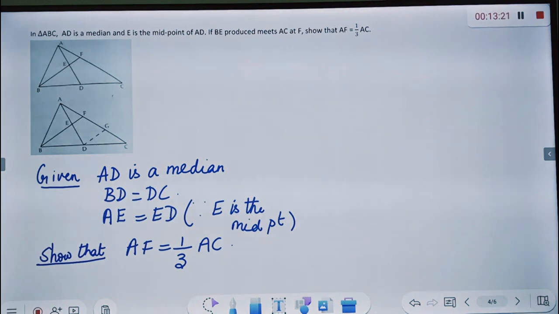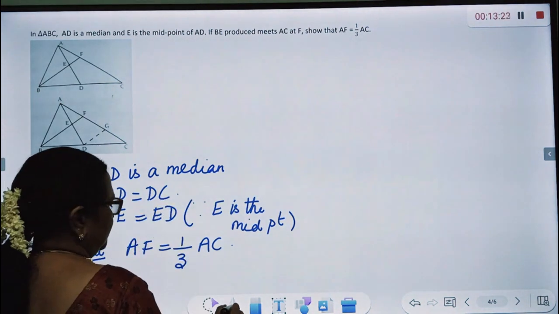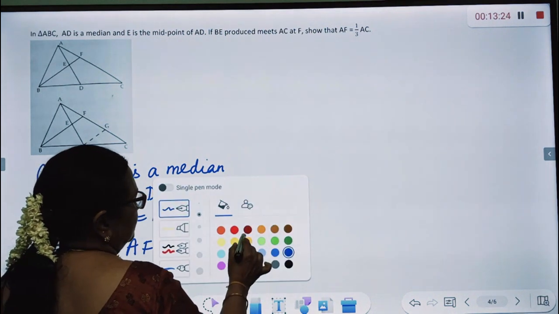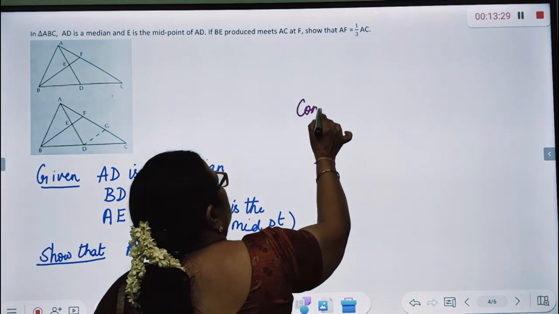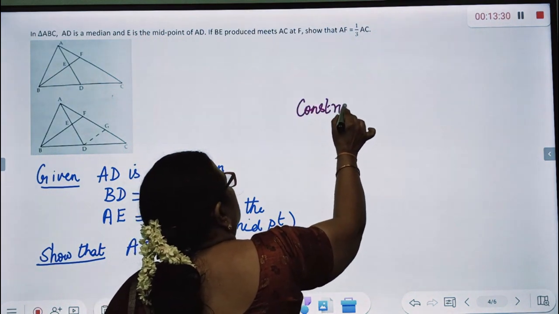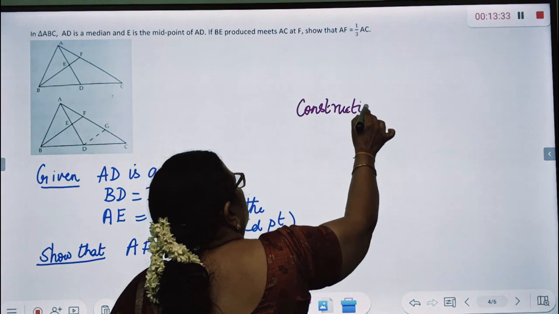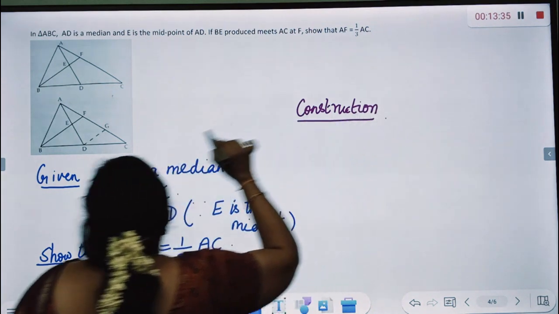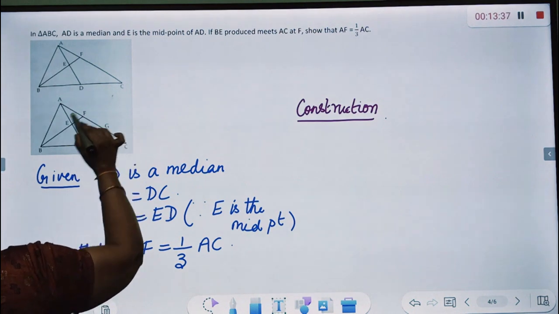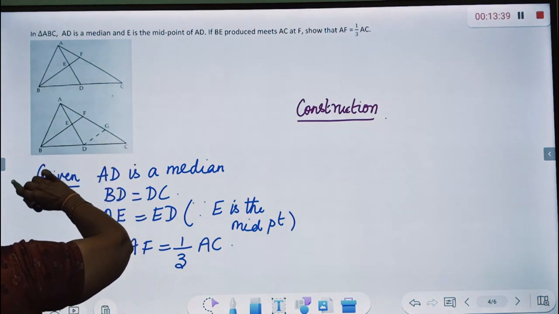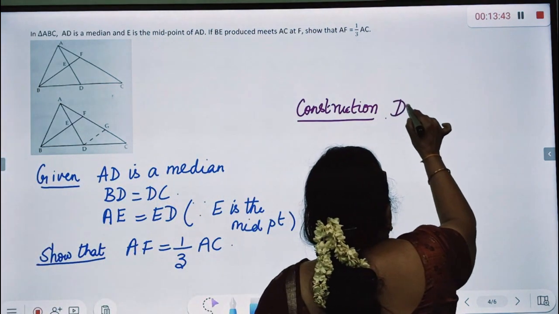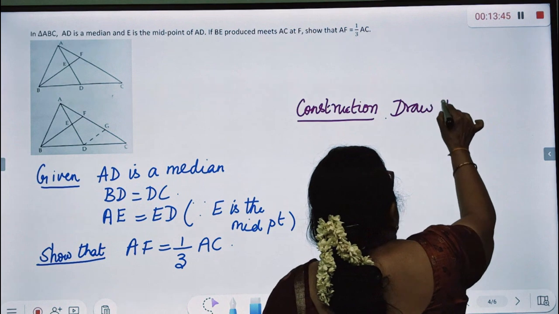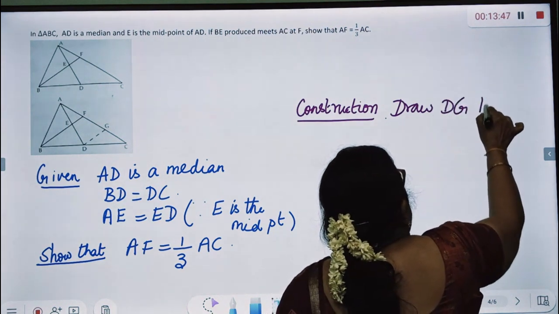Okay, now I am going to make a construction. I am going to draw DG parallel to EF.